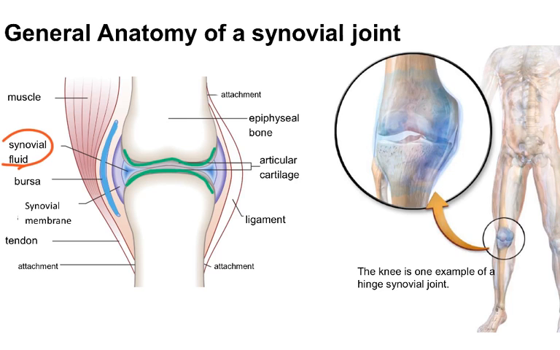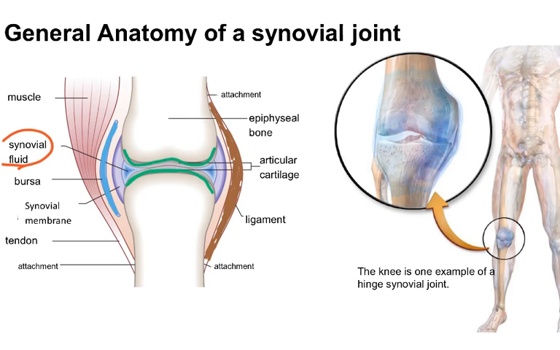And I've only got the ligament drawn on one side here because I want to be able to show you the bursa. The joint cavity is lined by a membrane called the synovial membrane, right? And those cells produce the synovial fluid.